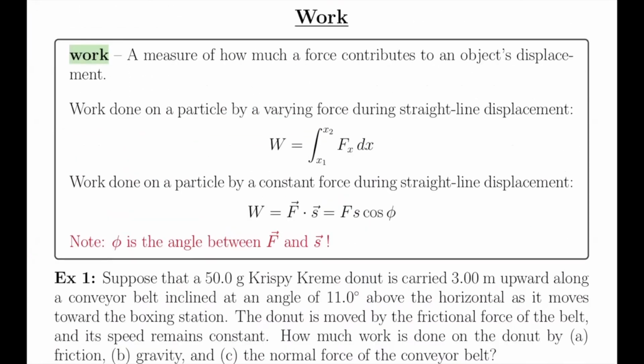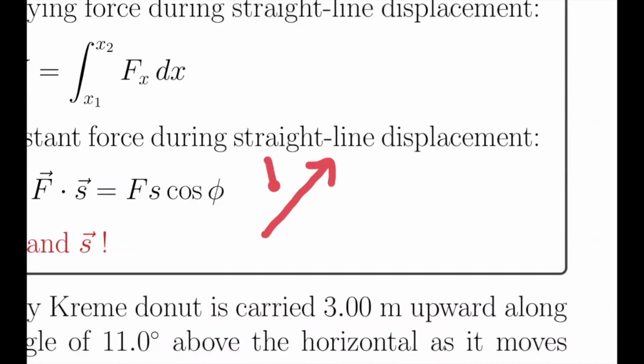Nick, explain why work is a dot product instead of a cross product. That's a great question. So we're doing a dot product because one, work is a scalar. So if you do a cross product, you're going to get a vector. Two, we're looking at how much force contributes to an object's displacement. Let's say this is the force. Let's say this is the displacement. We're looking at what component of the force is parallel or anti-parallel to the displacement.